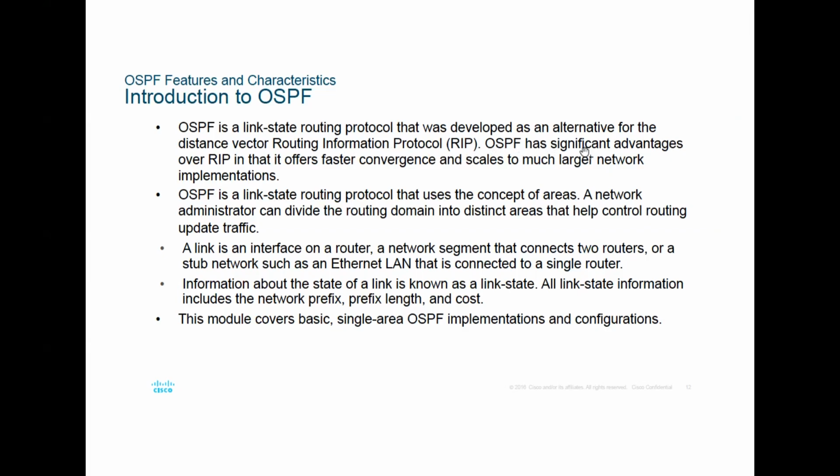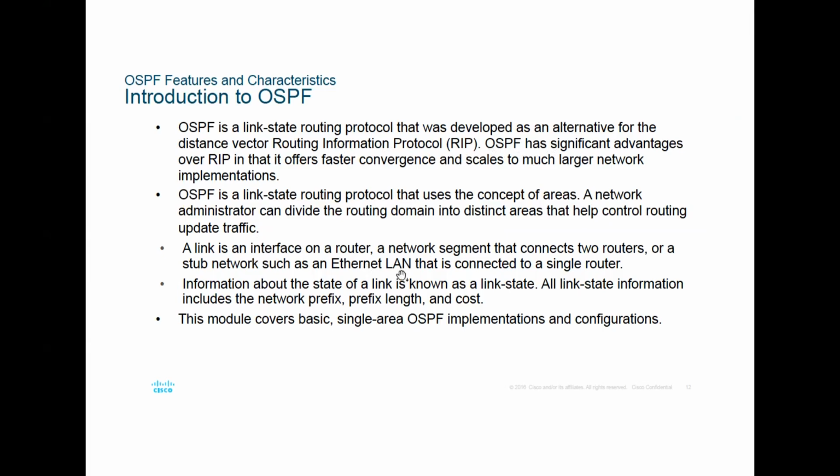What is OSPF? OSPF is a link state routing protocol that uses the concept of areas. A network administrator can divide the routing domain into distinct areas that help control routing update traffic. A link is an interface on a router, a network segment that connects two routers, or a stub network such as an Ethernet LAN that is connected to a single router.